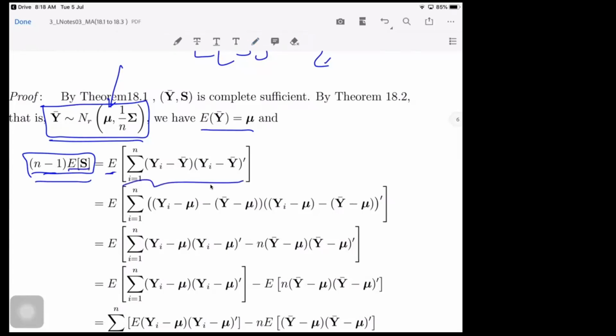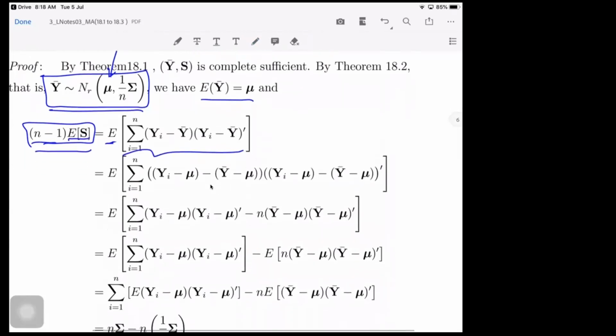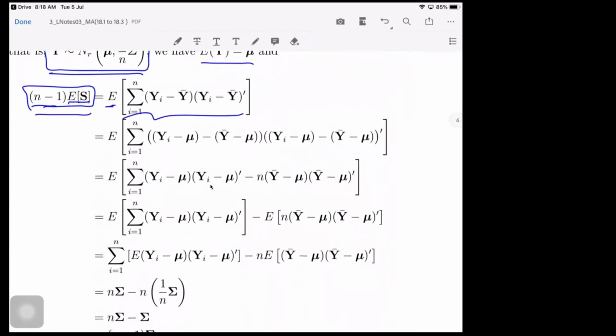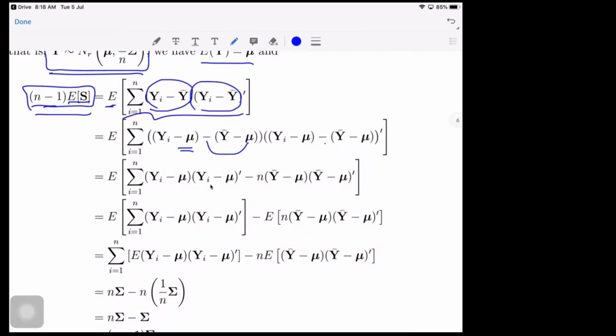So this is the first line of how we define S. And then what happened here is we just added and subtracted mu in this term here. In this term also, we added and subtracted mu.